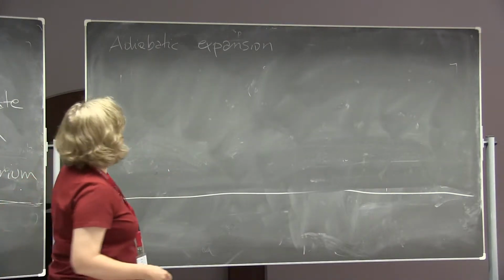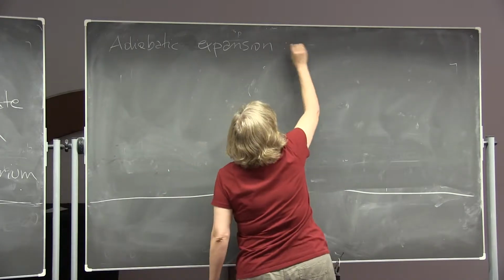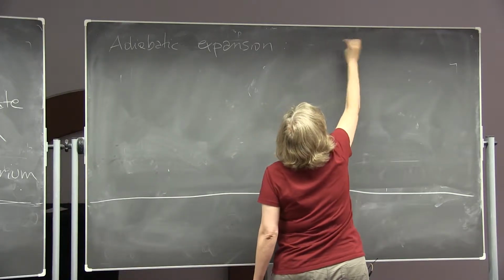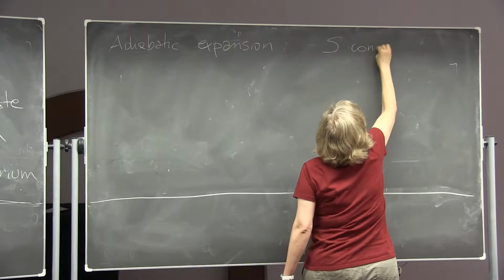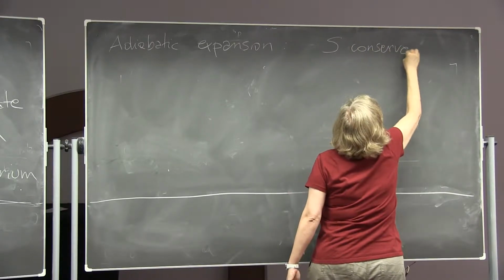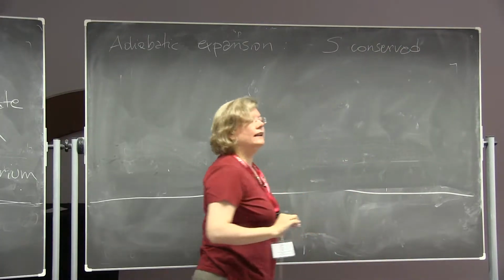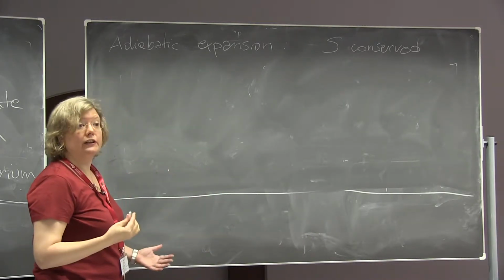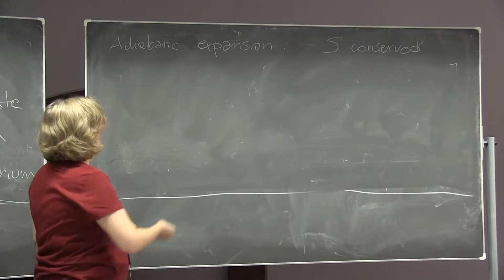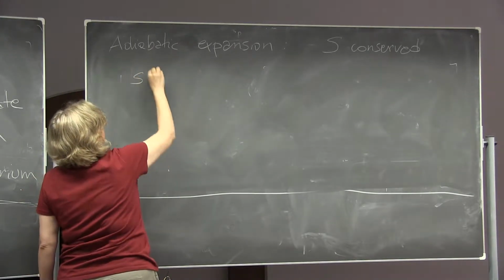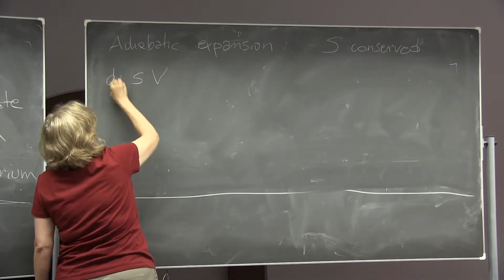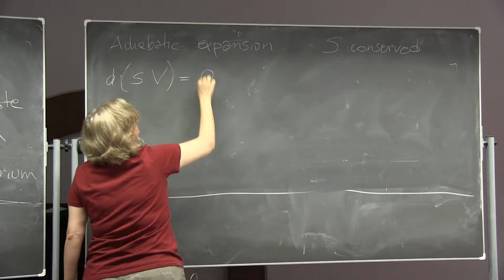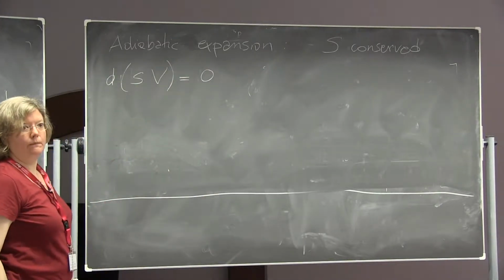The adiabatic expansion means that the total entropy is conserved. But since we don't like to have global variables, we want the behavior of the entropy density. So we define the entropy density, and then we have the relation that the total entropy change has to be 0.